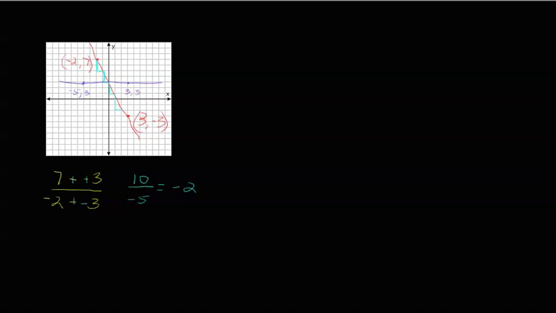Let's figure out this one. So we have 3 minus 3 over negative 5 minus 3. Now the top is 0, and the bottom is adding a negative 8. And our answer is 0. So our slope for this, remember, horizontal lines are 0.